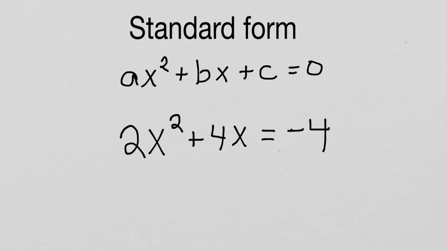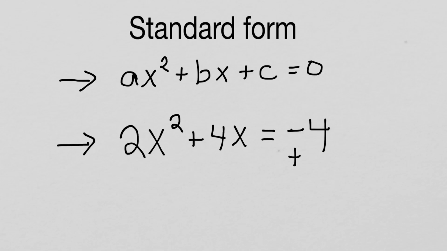I know some of you are going to be a whiz at this, but I want to go over this in a little bit of detail for the ones that might have forgotten. I want to turn this into the standard form. The way it's written right now is not in standard form. I'm going to have to get rid of this minus 4. I want this to be 0 on this side.